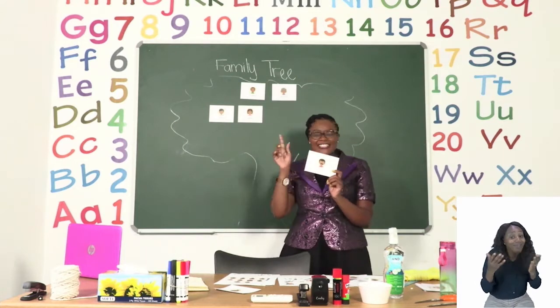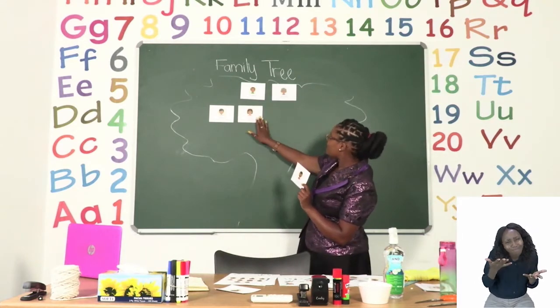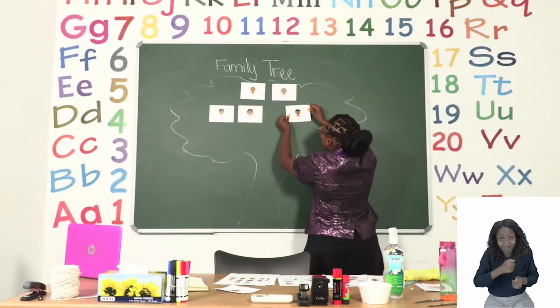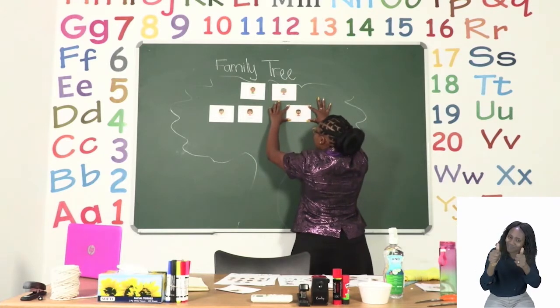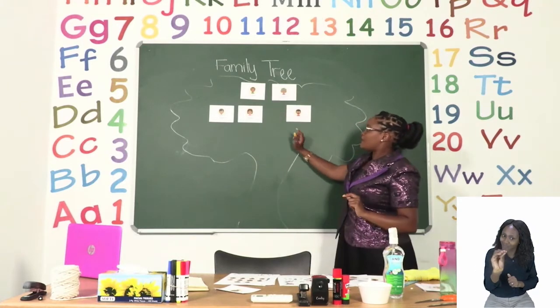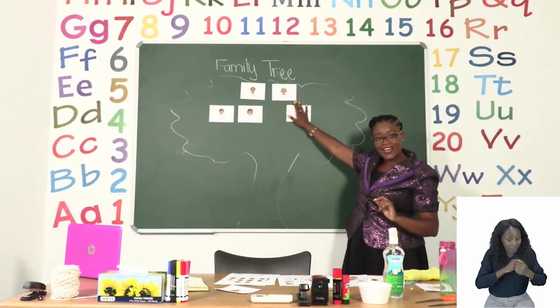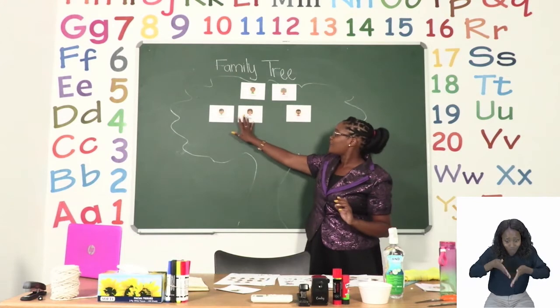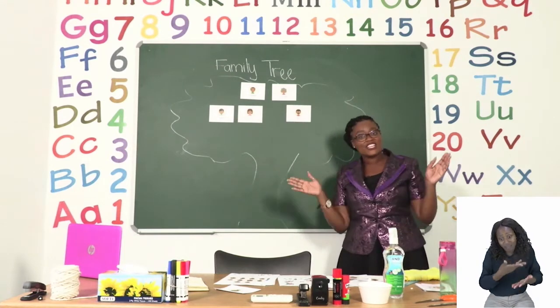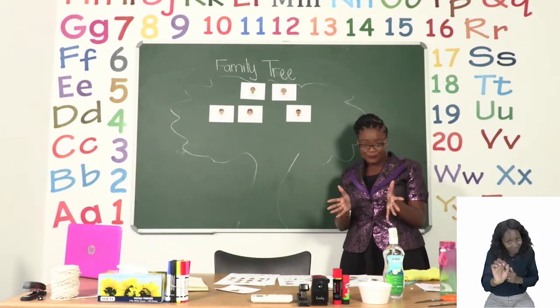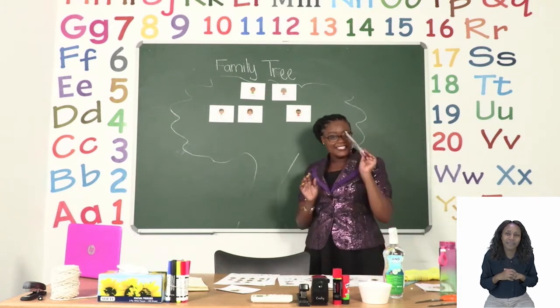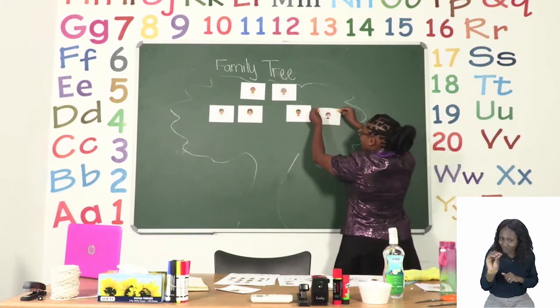If you guessed next to mother and father, you are correct. So uncle is here because grandfather and grandmother have father and mother and uncle as children for them. Let's put auntie next to uncle.